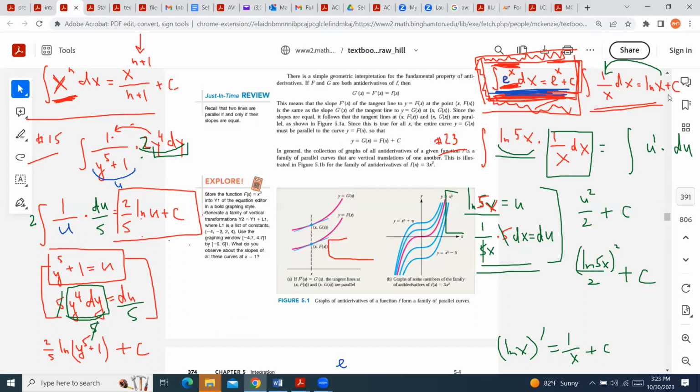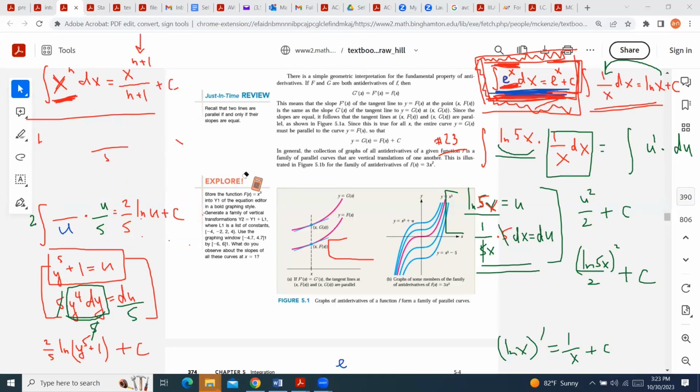Let me see. Here it is. The story of constant. So let me get a little bit of room. Maybe I can clean this a little bit. So it turns out that they found the antiderivative for some kind of function, which is 3x squared.